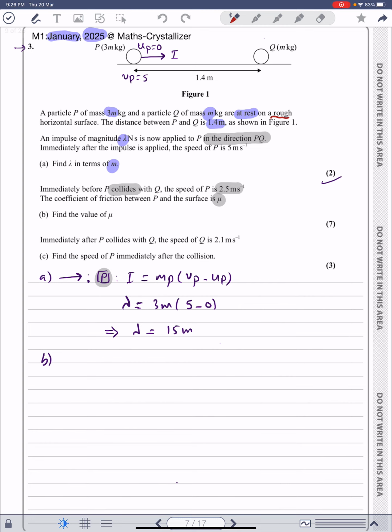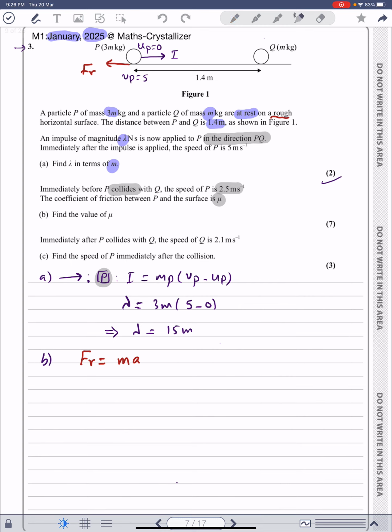That only one force is acting on this particle P, which is friction, acting in this direction, opposing the motion, because P is moving towards Q in this direction. So the equation of motion that we may find mu by is friction equals ma, and this means the acceleration will be negative. The particle P will be decelerating.